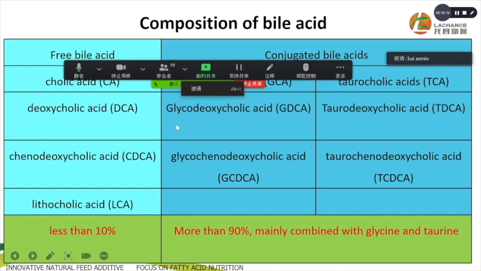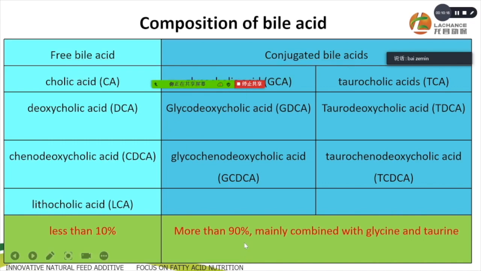The main part is conjugated, more than 90%, which is free bile acid combined with glycine and taurine, like glycocholic acid GCA, taurocholic acid TCA, glycodeoxycholic acid GDCA, and so on. These six are the main conjugated bile acids.